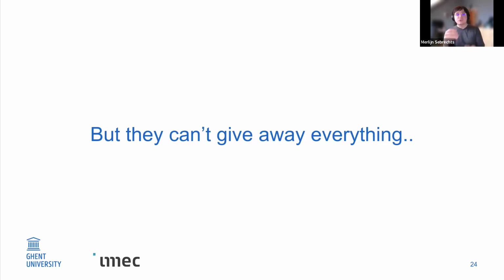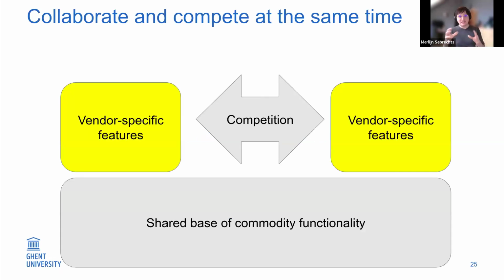A company that creates a search engine can't just build the complete search engine as open source and give it away, because then somebody who is not developing that code can just take that code and run it for free, and have a much cheaper option in order to compete with the company actually developing the open source product. So how do these companies do that? How do these companies balance that?